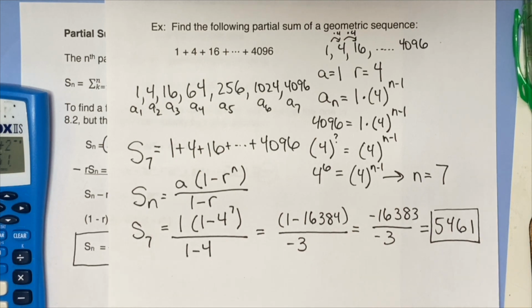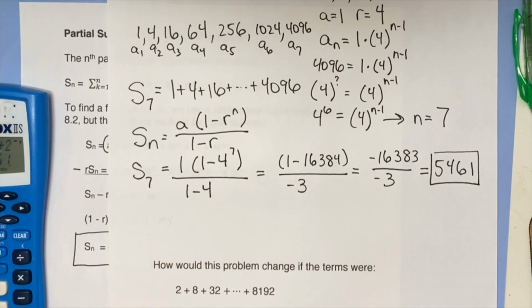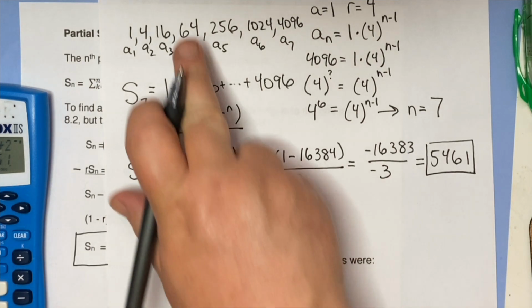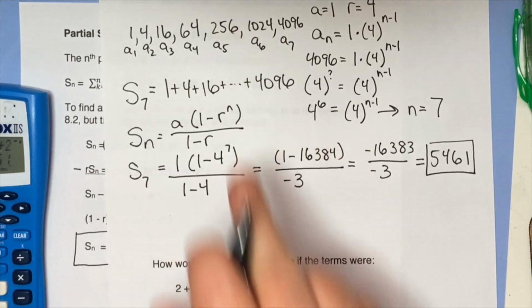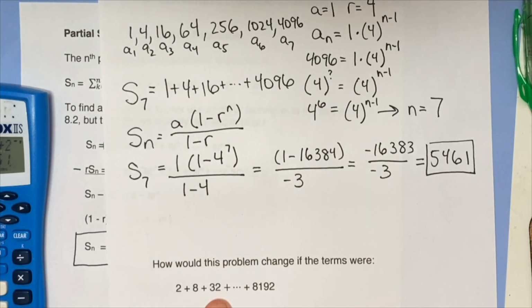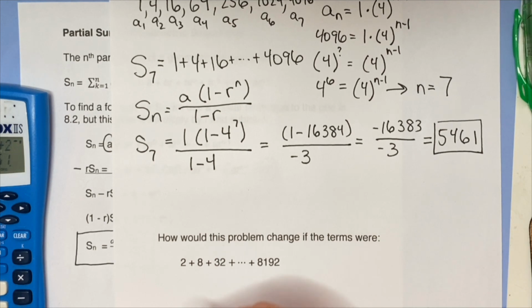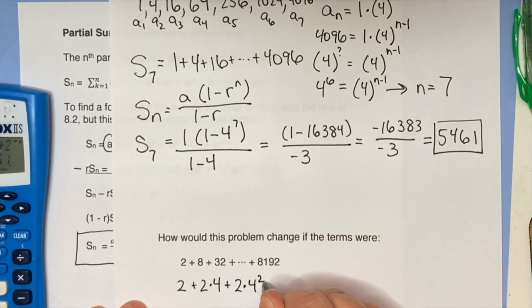Okay, so next question. How would this problem change if the terms were this? So let's take a look. I've got 1, 4, 16, and this is 2, 8, 32. So in fact, this looks like 2 plus 2 times 4 plus 2 times 4 squared.